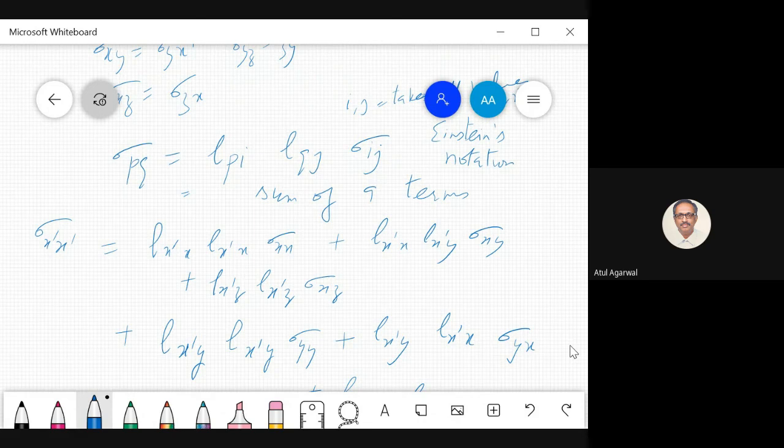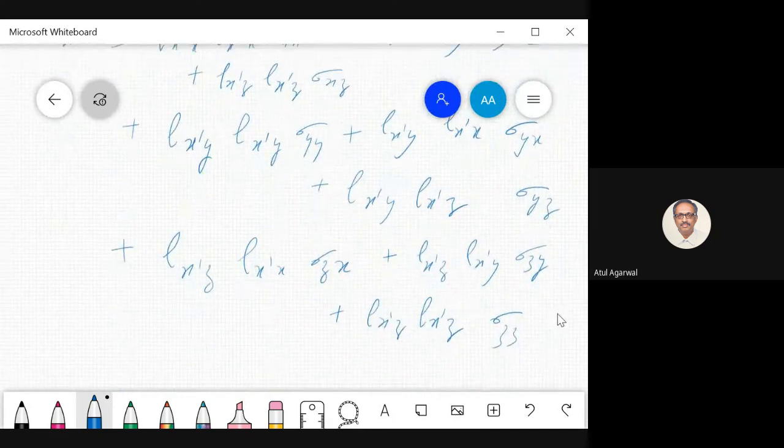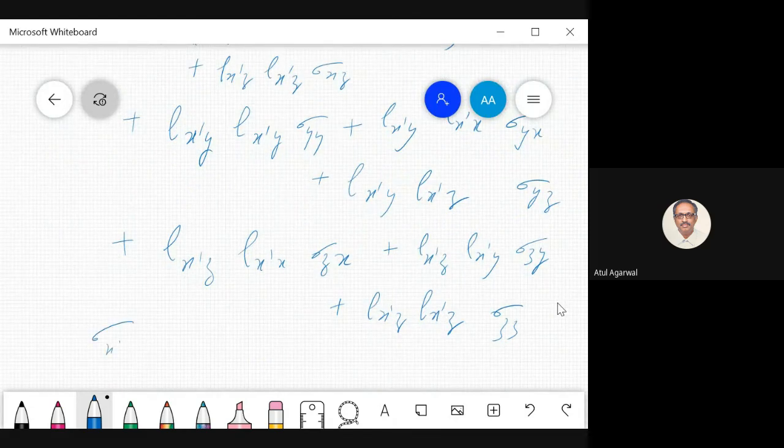Now, what is happening in this case? Your original matrix was only this. All other terms were zero in the uniaxial case. You had only this sigma XX as non-zero. So what will be happening here when you try to find sigma X prime, all other fellows are not contributing. So you will have only sigma X prime as Lx prime X, Lx prime X, sigma XX.